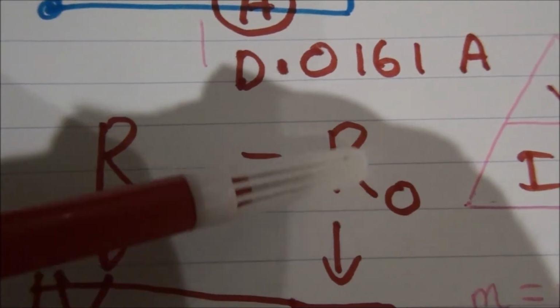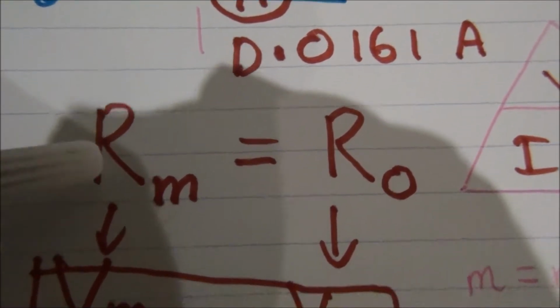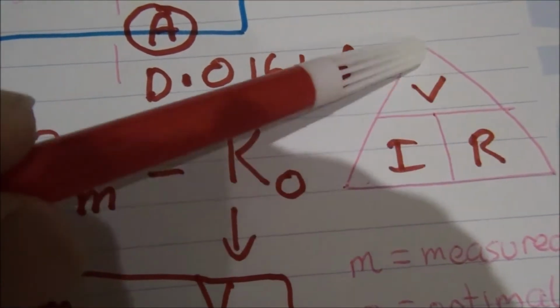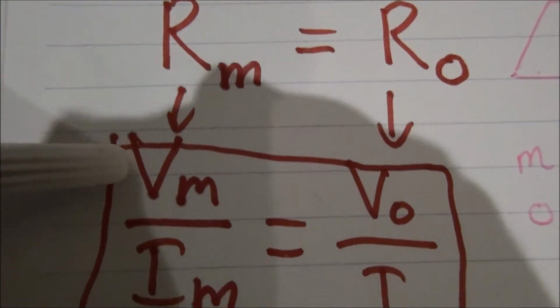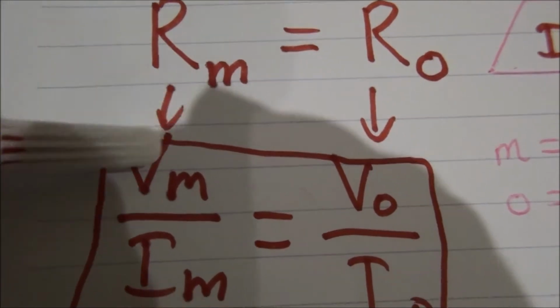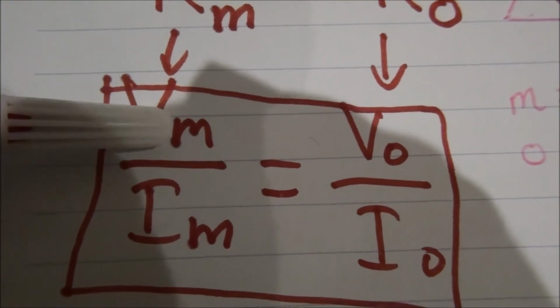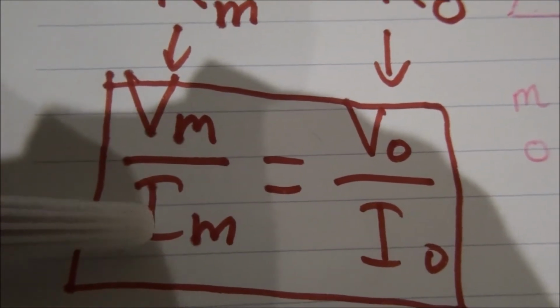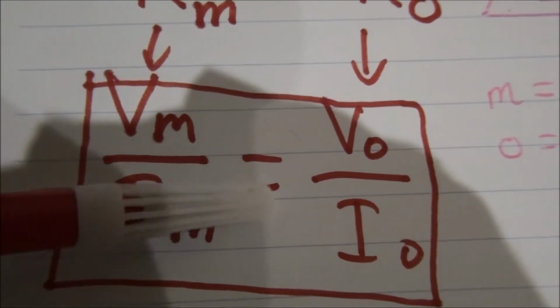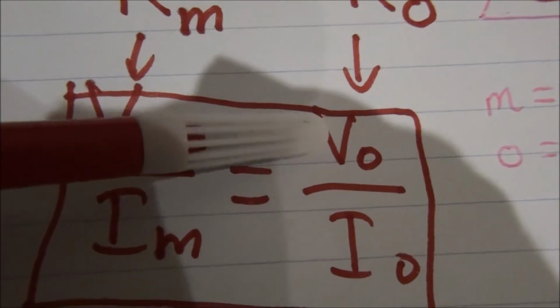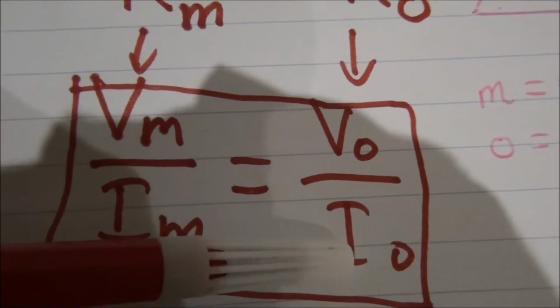So using that equation there, we can use Ohm's law again, R equals V over I. So for this value here, it is based on dividing the measured voltage by the measured current, and that will equal the optimal voltage divided by the optimal current.